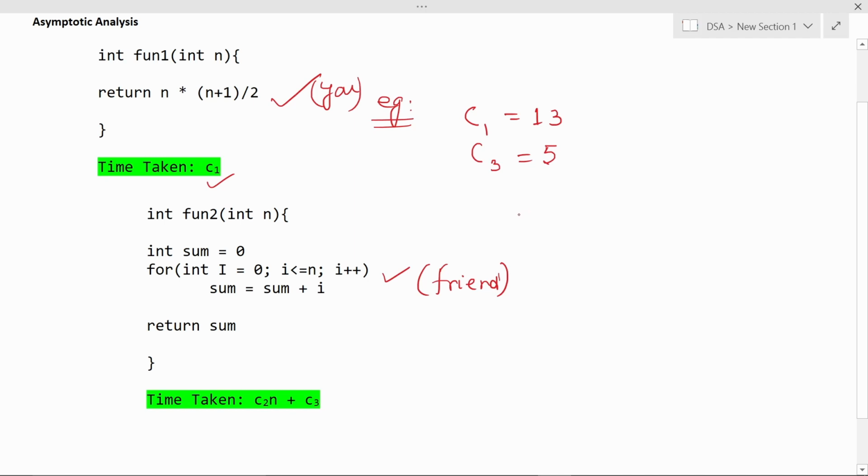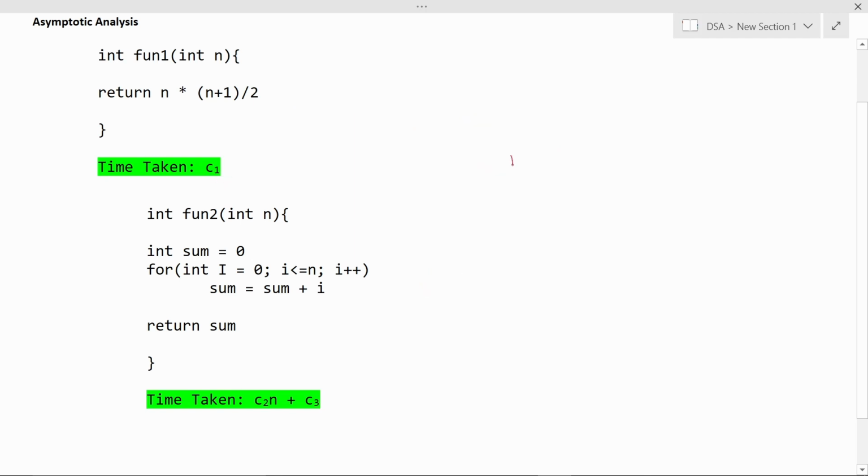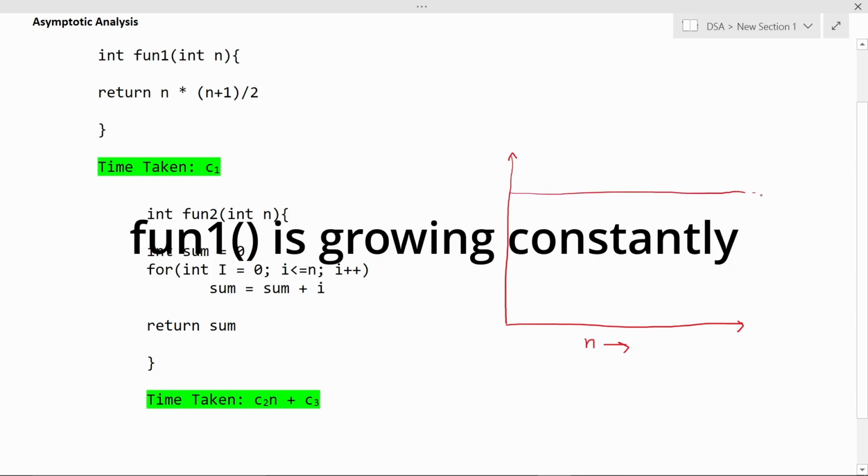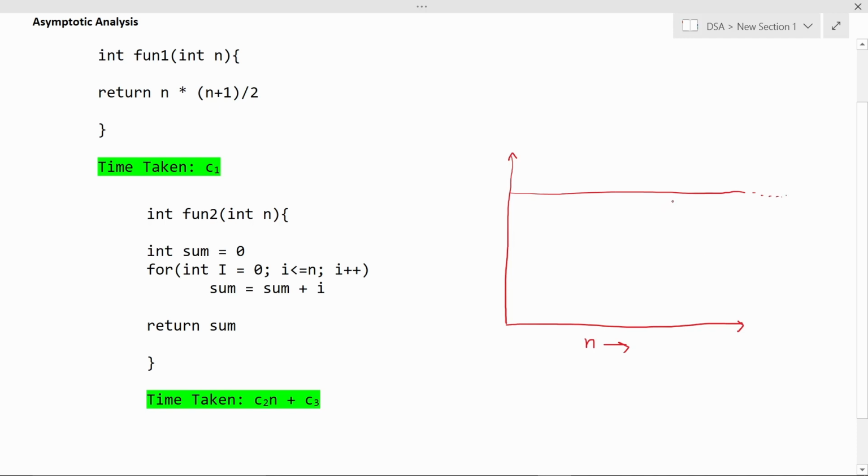Now let's make a graph to visually see how the algorithms work. Here is the graph, and the axis represents the input size n. For the first function, it takes 13 units of time, so the point is 13.